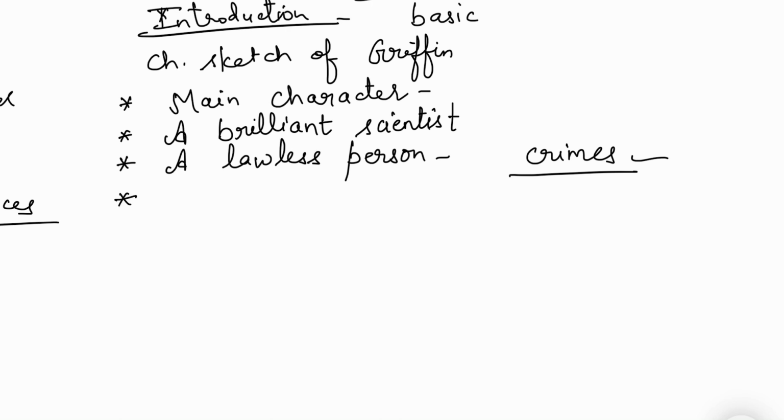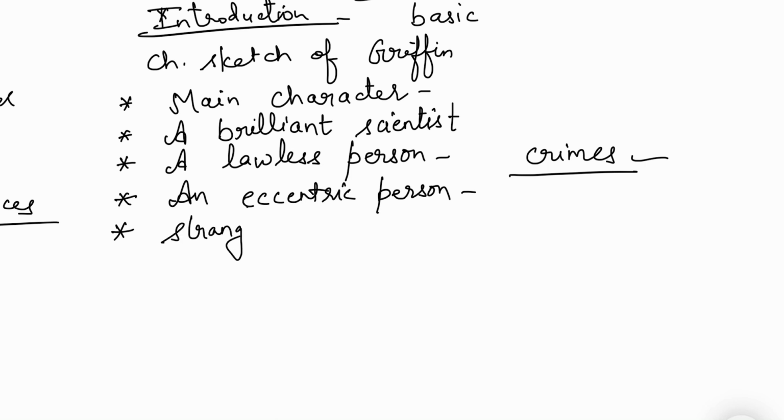Next point you can make, an eccentric person. Griffin was an eccentric person. His appearance was also strange and he used to talk very little. His behavior was so strange. Next point you can mention, strange appearance.